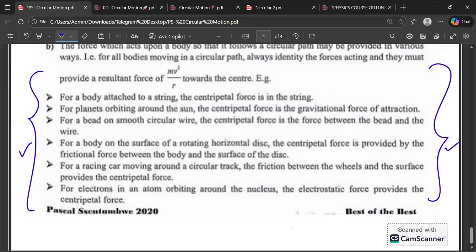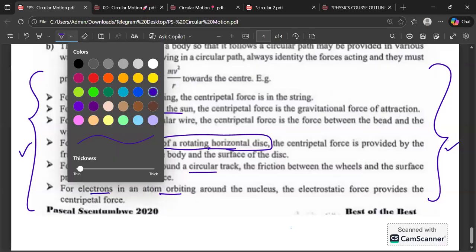You can see they are talking of the planets orbiting around the sun, the electrons in an atom orbiting around the nucleus, a racing car around the circular track, a body on a rotating horizontal disk, which is one of the things we are going to look at today in special cases of calculations, and a bead on a smooth circular wire. They are talking of what exactly the centripetal force is.